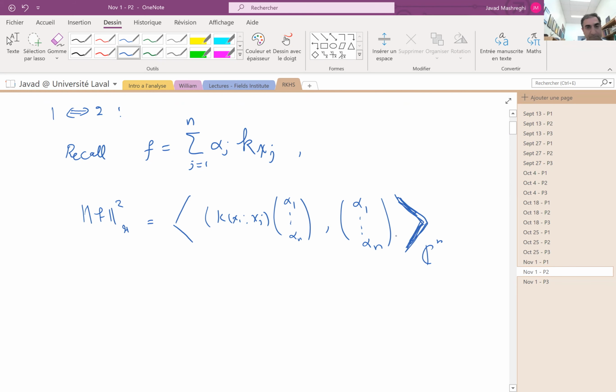And when we look at statement 1 and statement 2, we see that this identity immediately implies that 1 is equivalent to 2.